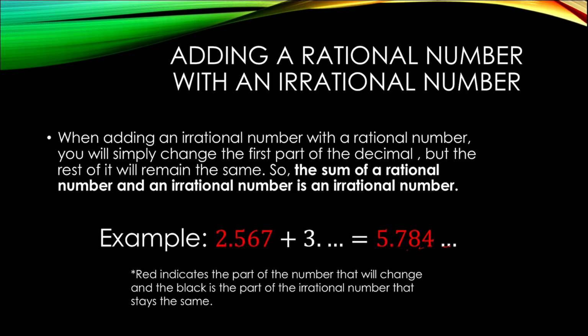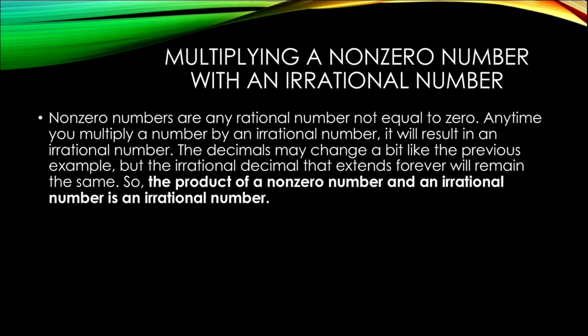That's the one that changes. These will stay irrational, as well as multiplying, right? If I say pi multiplied by 4, I will get 12 point and so on. Those decimals keep going and never end.